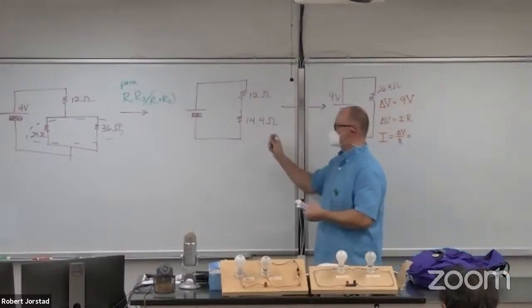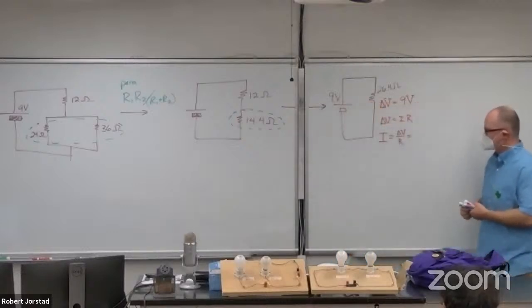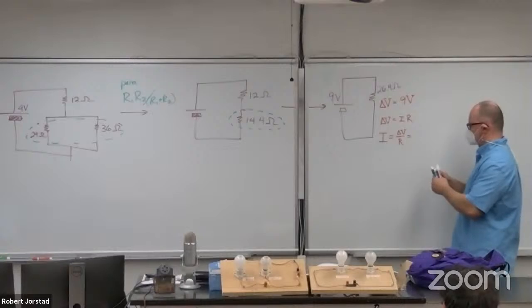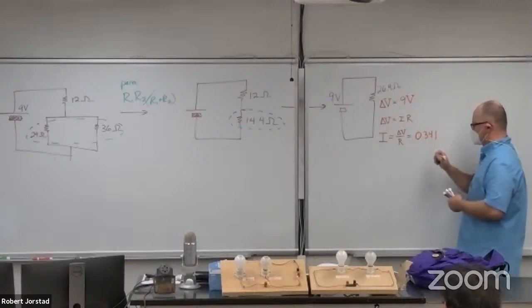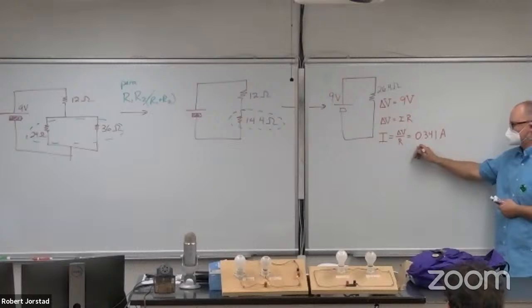Maybe I'll just put this. That way we know. 0.341. Units. Amps. What is this in milliamps? 341.